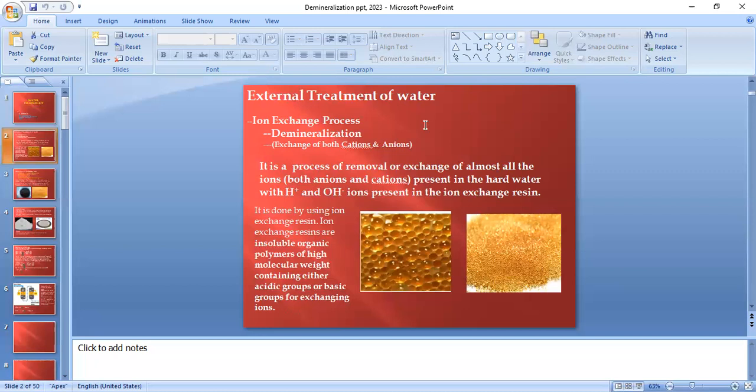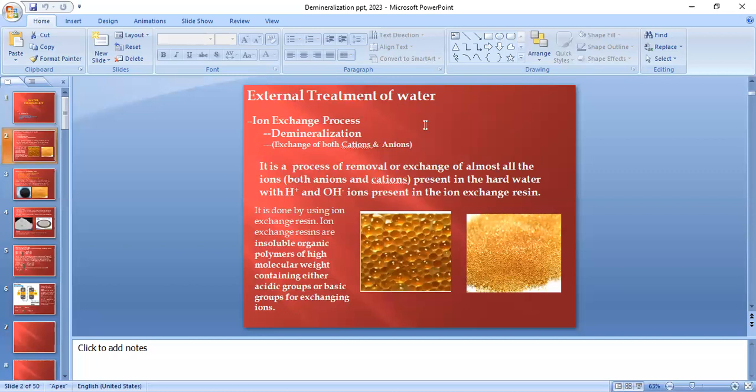And already we have seen the different types of internal conditioning with respect to the nature of the boiler compounds. In this class, let us talk about external treatment of water, also known as external conditioning.